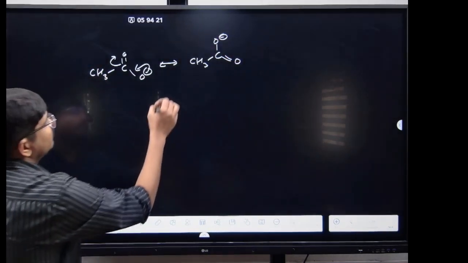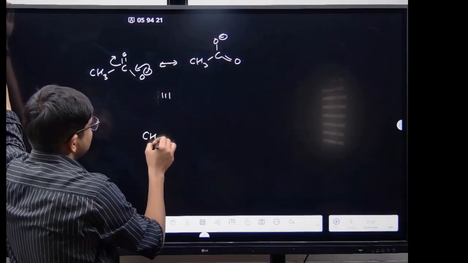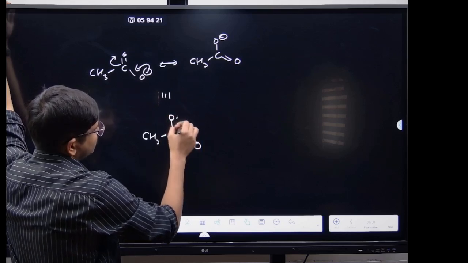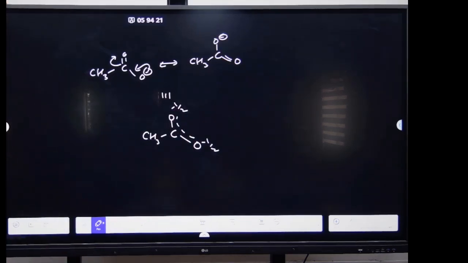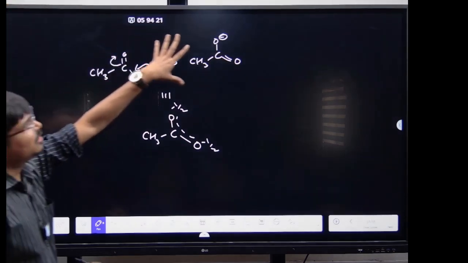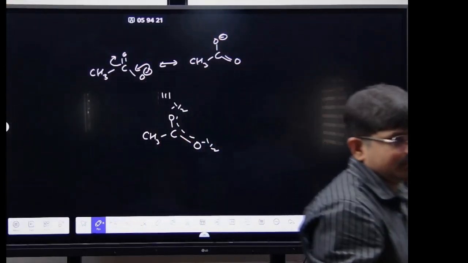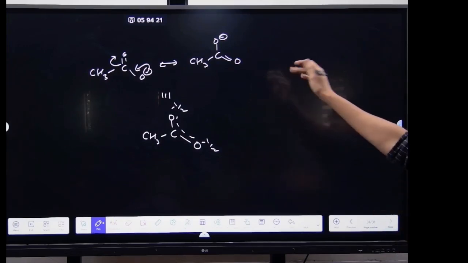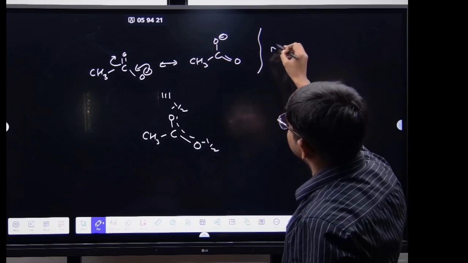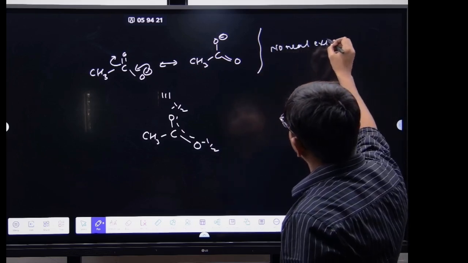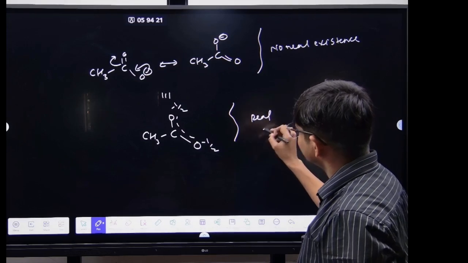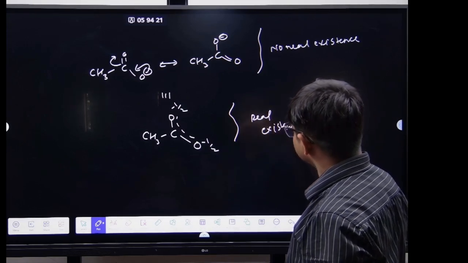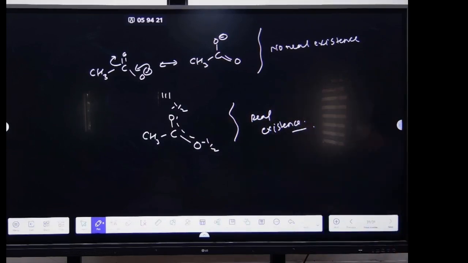So the resonance hybrid will look like CH3-COO with minus half on each oxygen. These canonical structures exist only on the copy and paper, they have no real existence. Only the resonance hybrid has real existence. Clear? Did you understand? This is all about resonance.